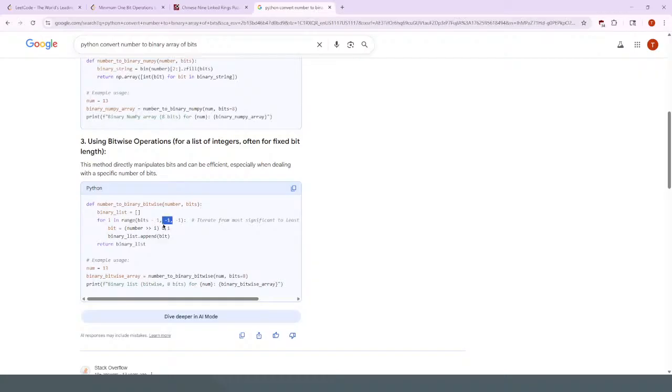This is going to be backwards now. You have your bit array, for i in range bits minus 1, often for a fixed bit length.